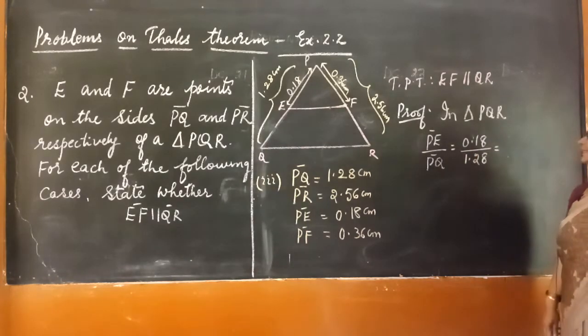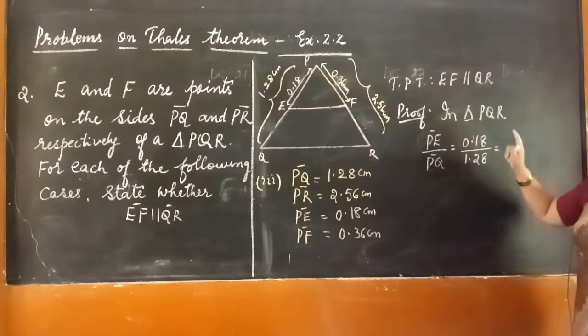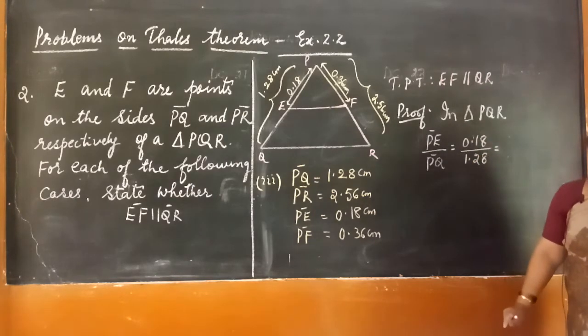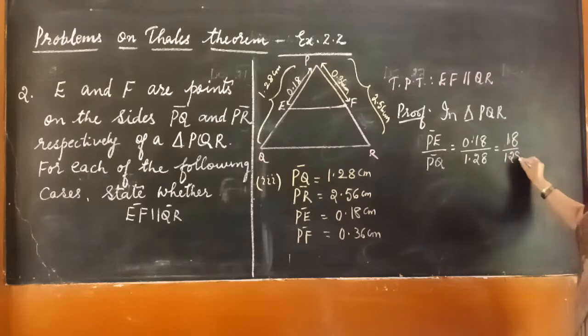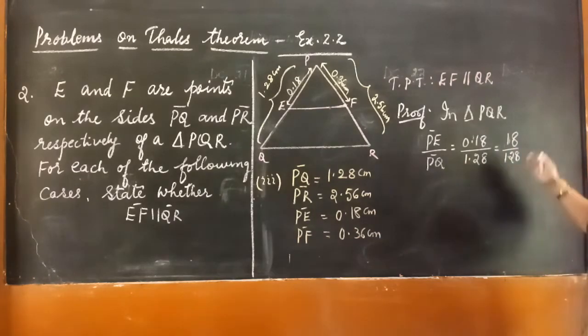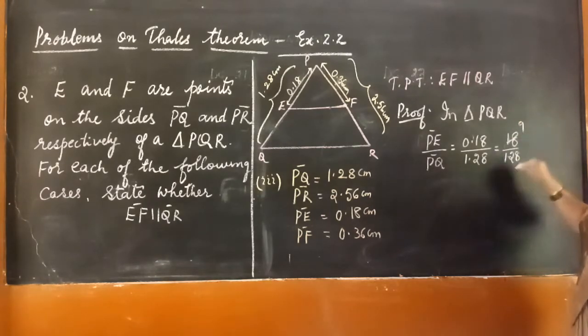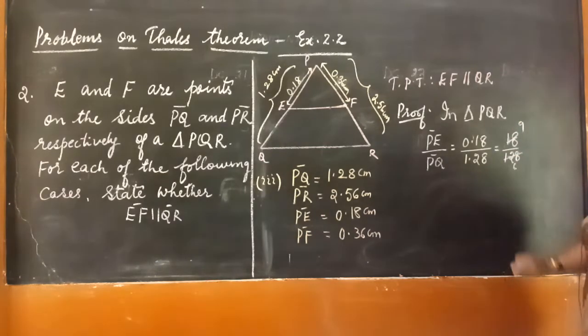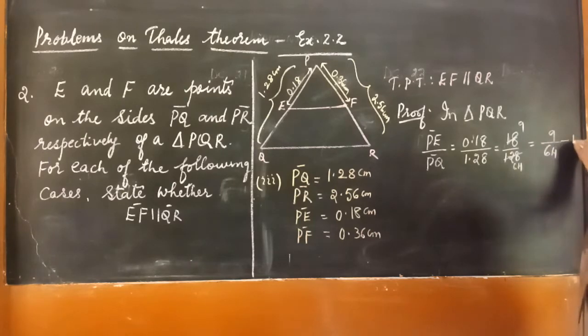As I said earlier, if there are an equal number of digits after the decimal point in both numerator and denominator, you can ignore the decimal and write it as 18 by 128. Now, because these are even numbers, we can divide by 2. 2 9s are 18, 2 64s are 128, and the simplest form of this ratio is 9 by 64. Call this equation 1.